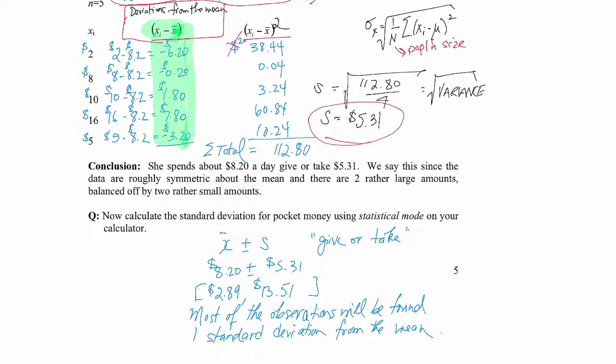So in 1 standard deviation, we capture 8, 10, and 5. So 3 out of the 5, or 60%, are within 1 standard deviation of the mean. That's the meaning of most.